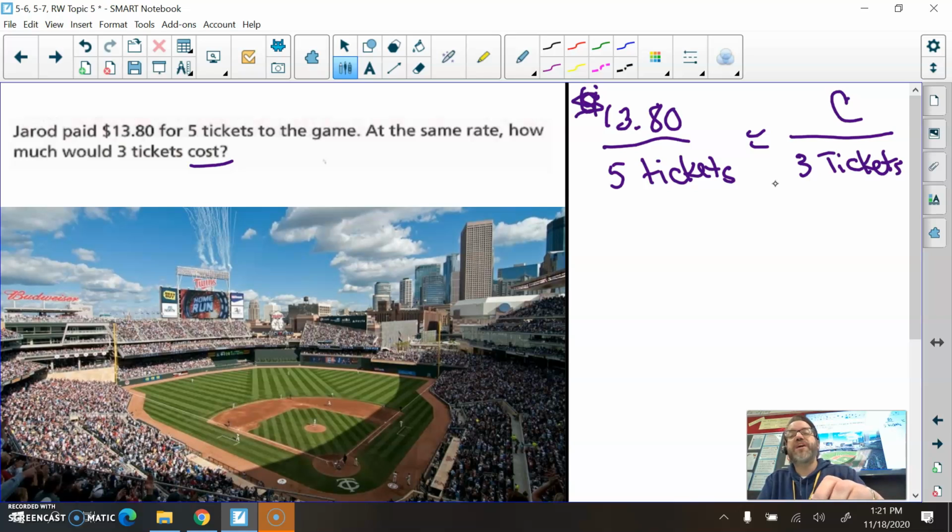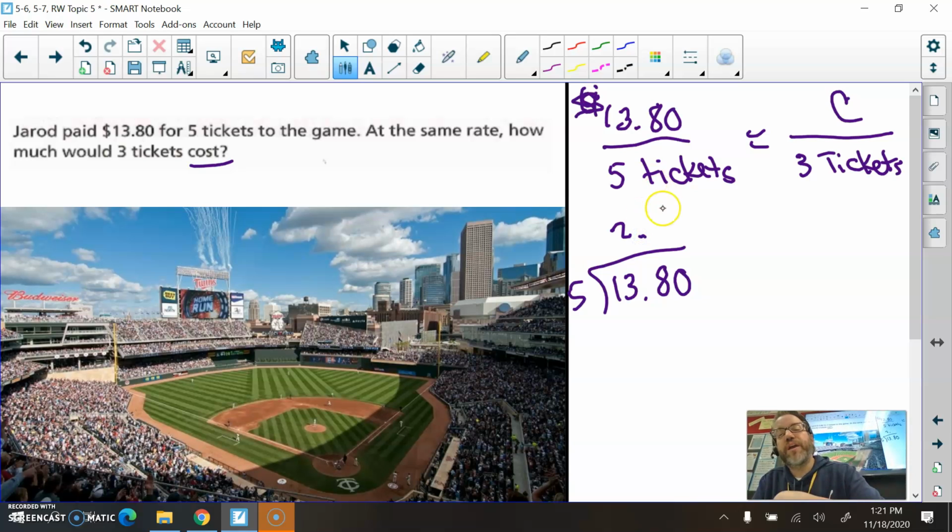So what I'm going to do instead is just find the unit price, the unit cost, by dividing 13.80 by 5. You can use a calculator for this, but it divides nicely. You get $2.76, is it? I better check that. 13.80 divided by 5.